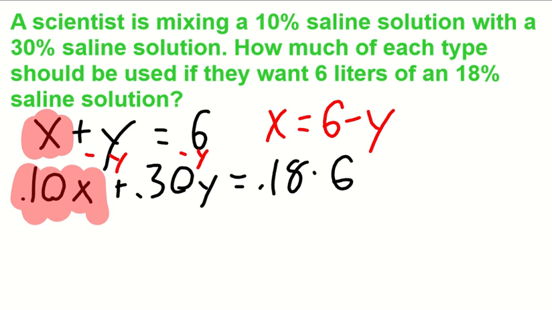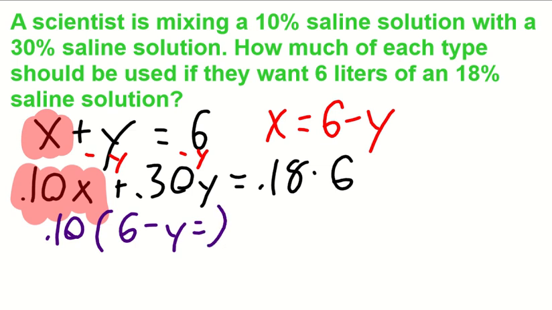All right, so now we're just doing substitution. Could you do elimination on this from the start? Yeah, but then you're multiplying everything with decimals, and sometimes that gets a little messy. So if I put in for x, I got 0.10, and then in some parentheses, I got 6 minus y.